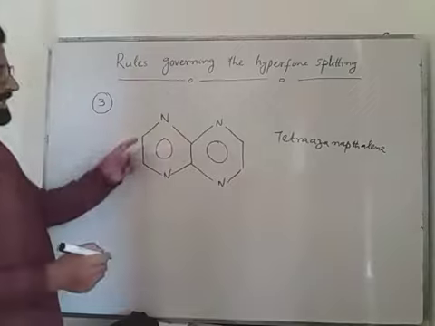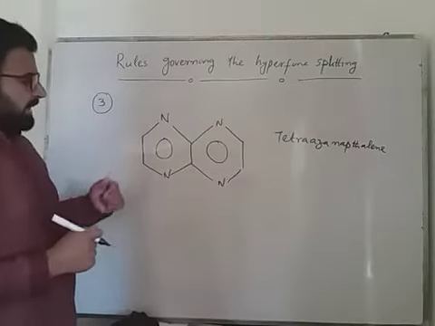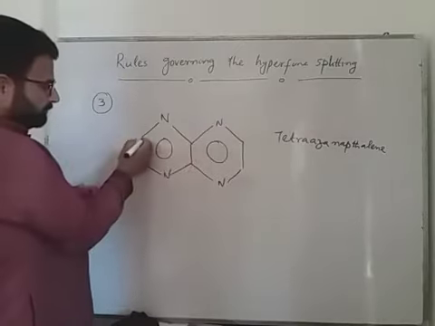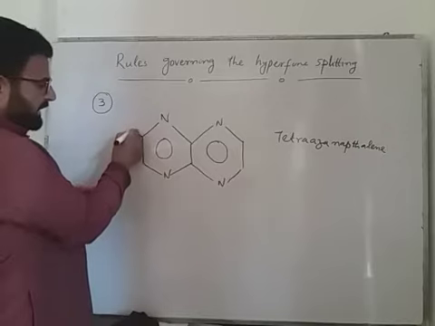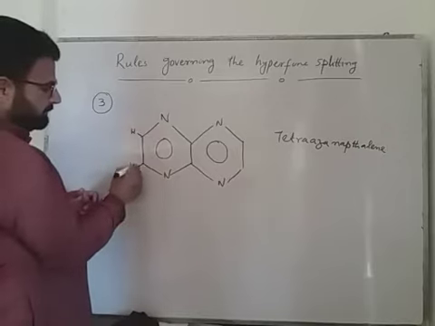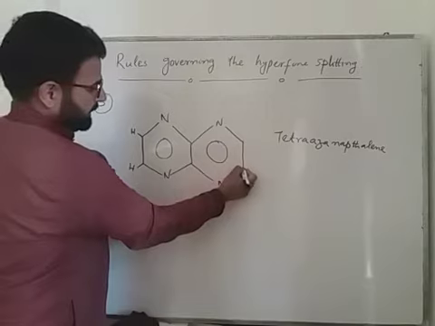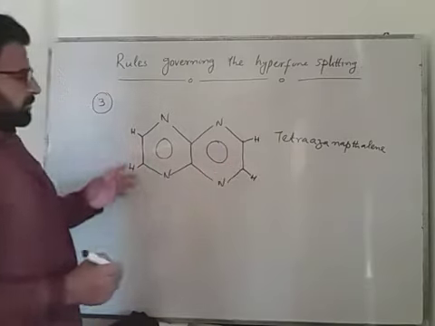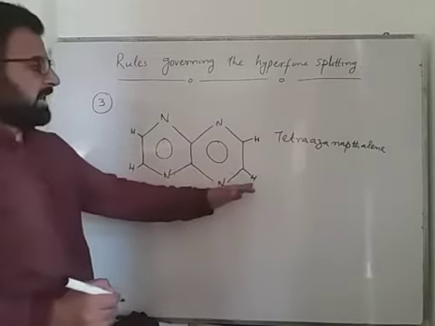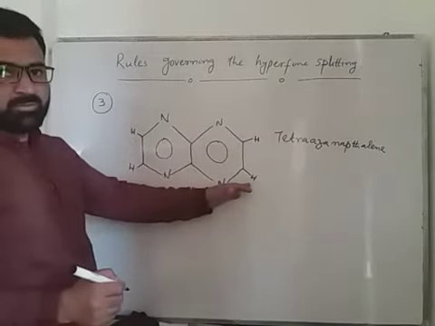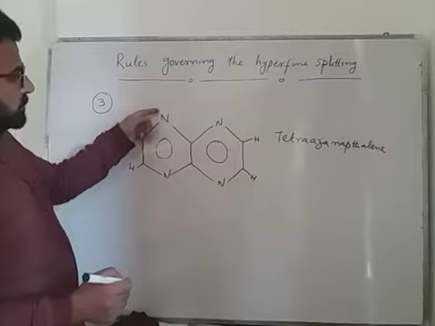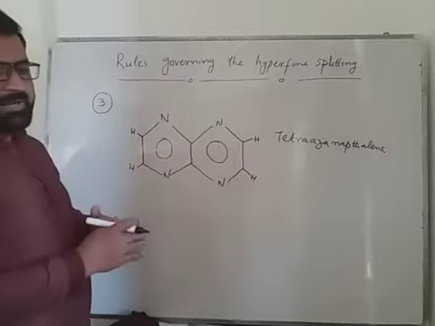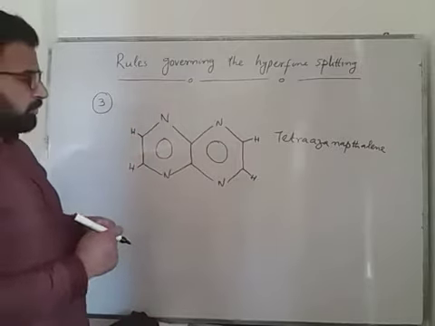Okay, tetraaza naphthalene. Here we have, as we know, it will be having one hydrogen here, one here, and also one here, one here. So here are four equivalent protons, and here are also 4 equivalent nitrogen nuclei.